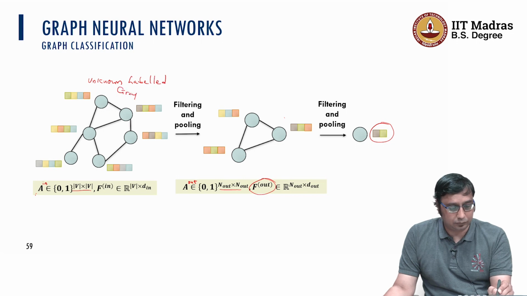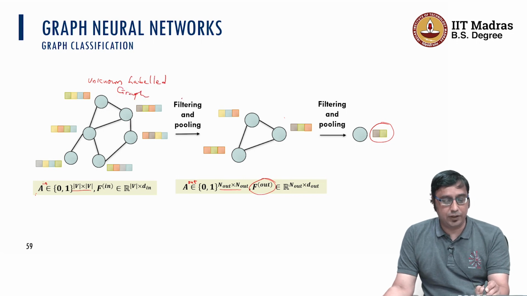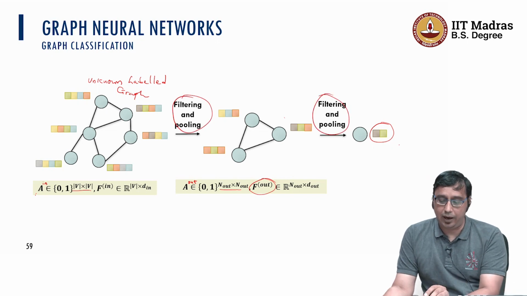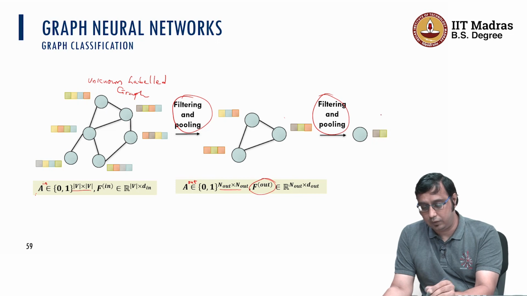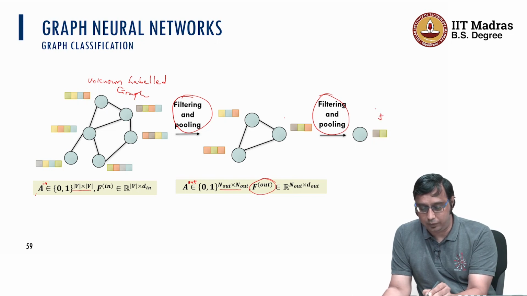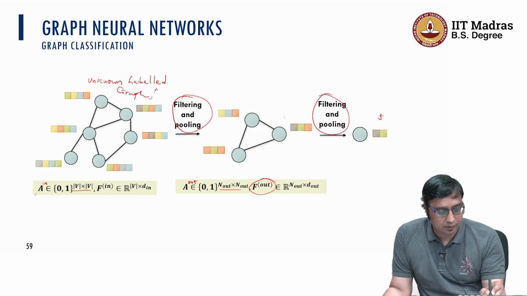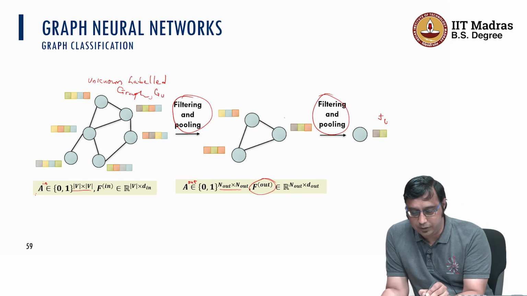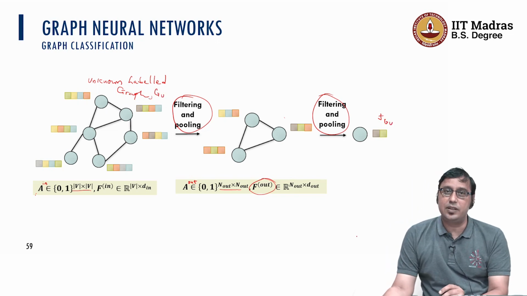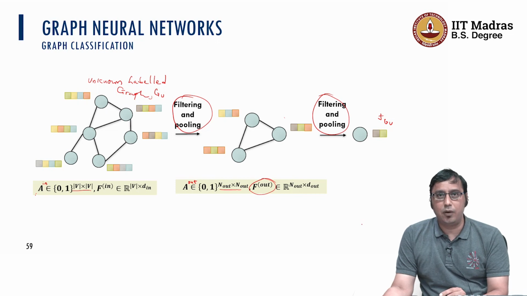We can pass it through this filtering operation of GNN and get a feature for it, let's say for GU. This feature will then be passed through the softmax layer.